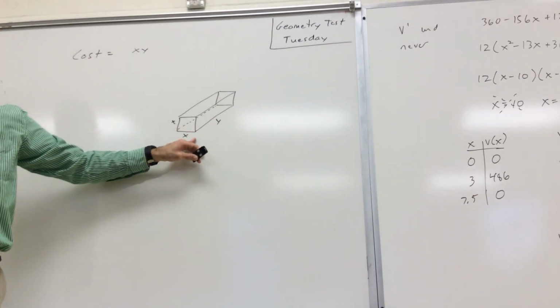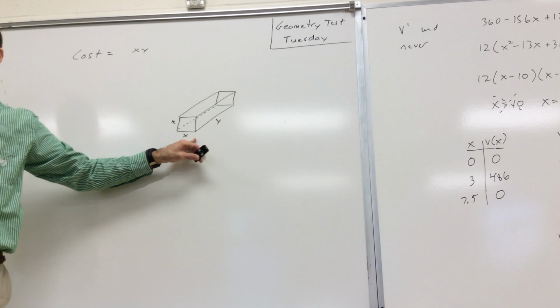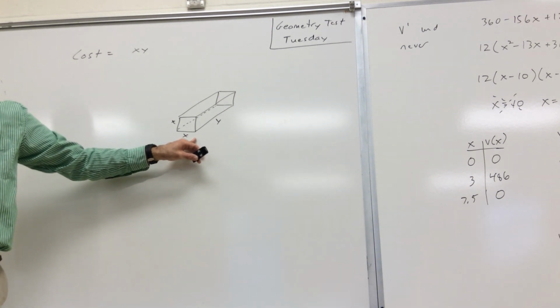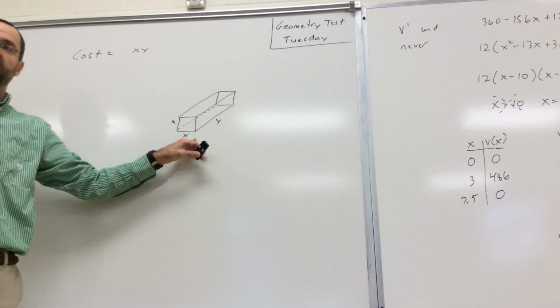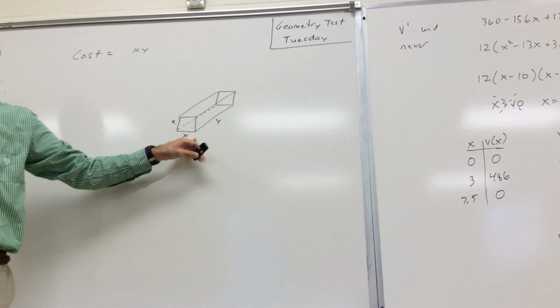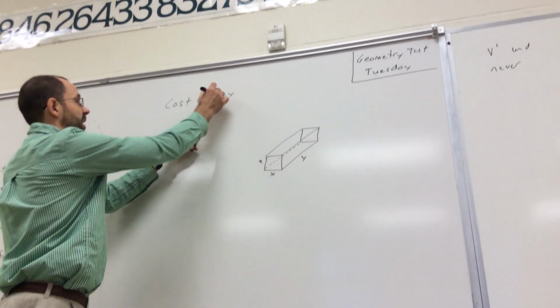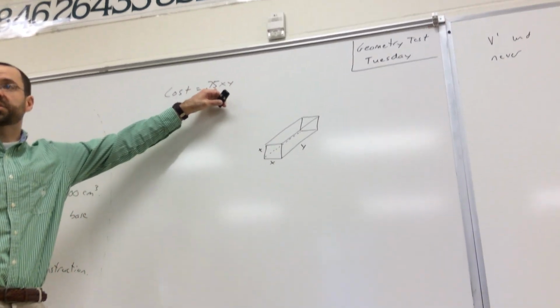Then the bottom would be 50 square centimeters. And it costs 75 cents per square centimeter to make it, right? So you take that 50 square centimeters and multiply it by 75 cents to figure out the cost. So you take this area and multiply it by 75 cents, and then you've got cost.